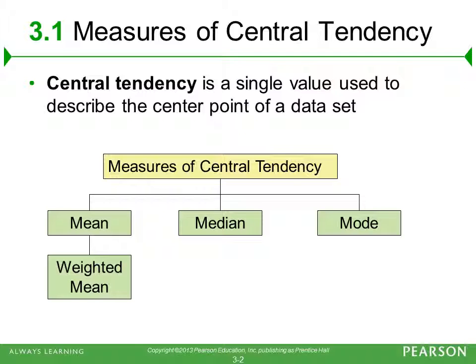Median is another center point of the data. So in statistics, we have two types of center points, the mean and the median. And the mode is basically the most repeated observation in the data. So we're going to talk about all these different measures.